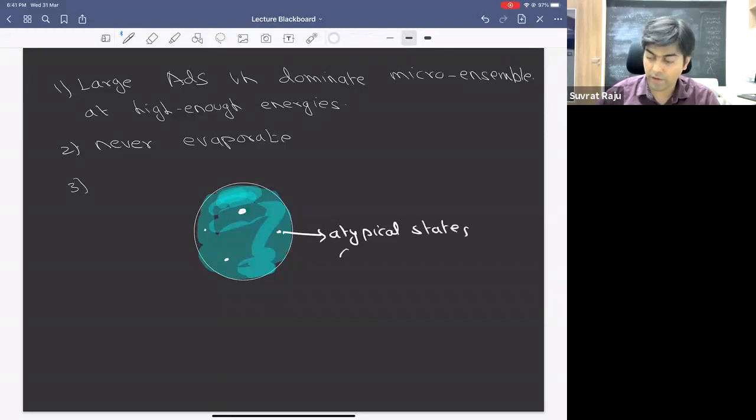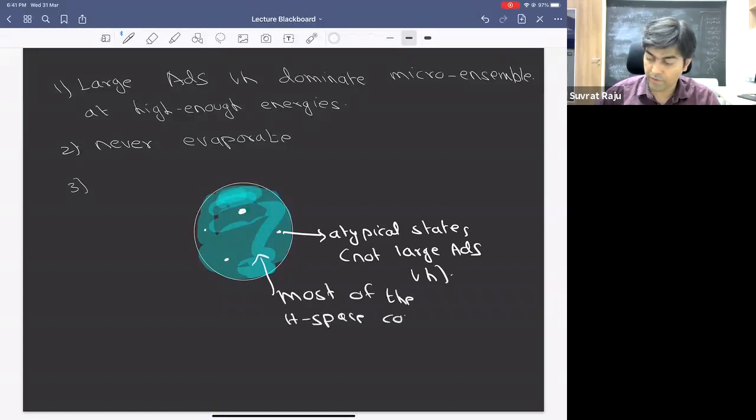So they are not large AdS black holes. Maybe it's a gas of gravitons with the same energy. But most of the Hilbert space comprises these large AdS black holes.